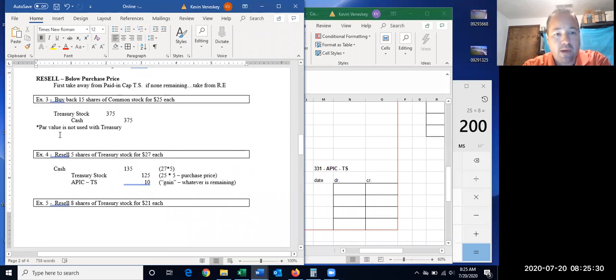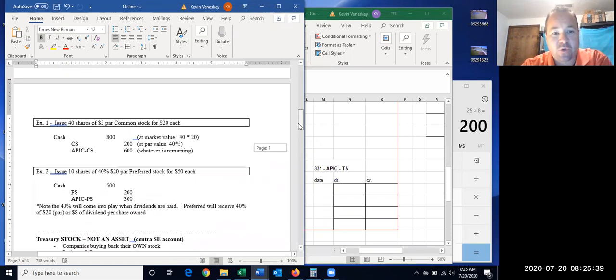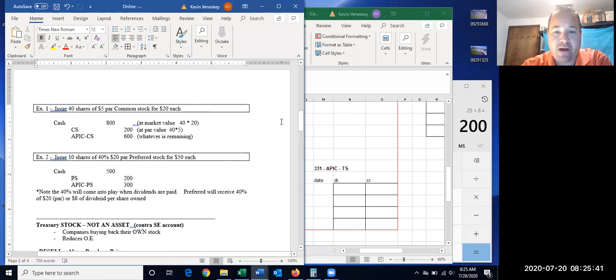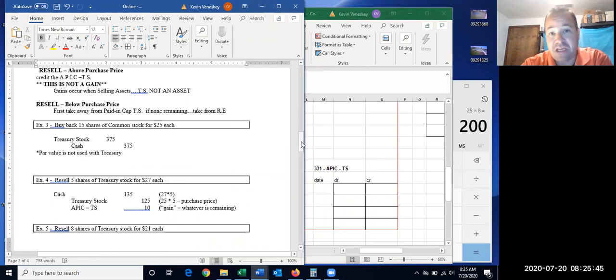Now we're buying back 15 shares of that common stock, and we're buying it back at $25 a piece. Remember, I had originally sold it for 20 bucks a piece at $5 par. We don't count any extra money right away. We only count it as a gain, remember, it's not really a gain, when I buy the treasury, then resell the treasury.